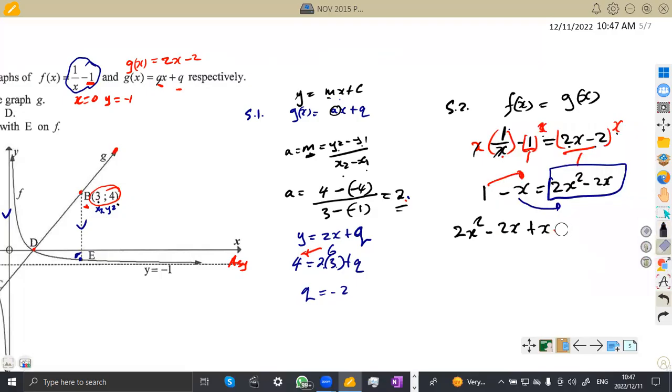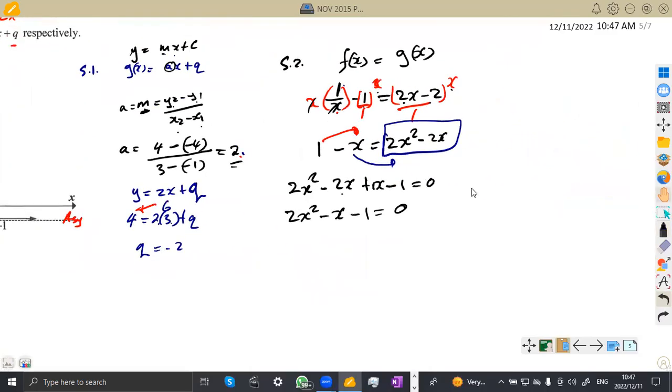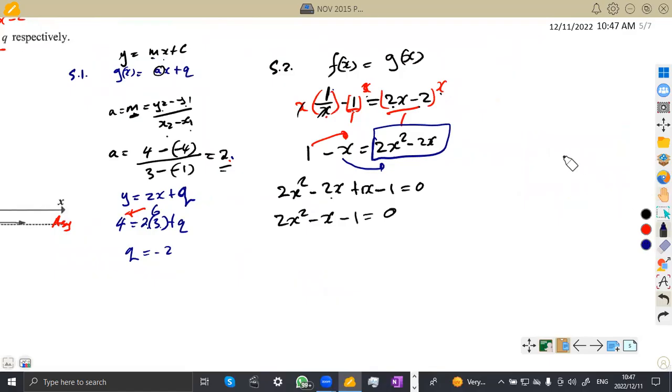So we're going to have minus 1 here equal to 0. Remember the format of a quadratic equation. So collecting like terms, we've got 2x squared minus 2 plus 1x, that's minus x minus 1 is equal to 0. So that's a quadratic equation that you have where you can use any format or any formula, quadratic formula, factorization. So I'm just going to use factorization to solve here.